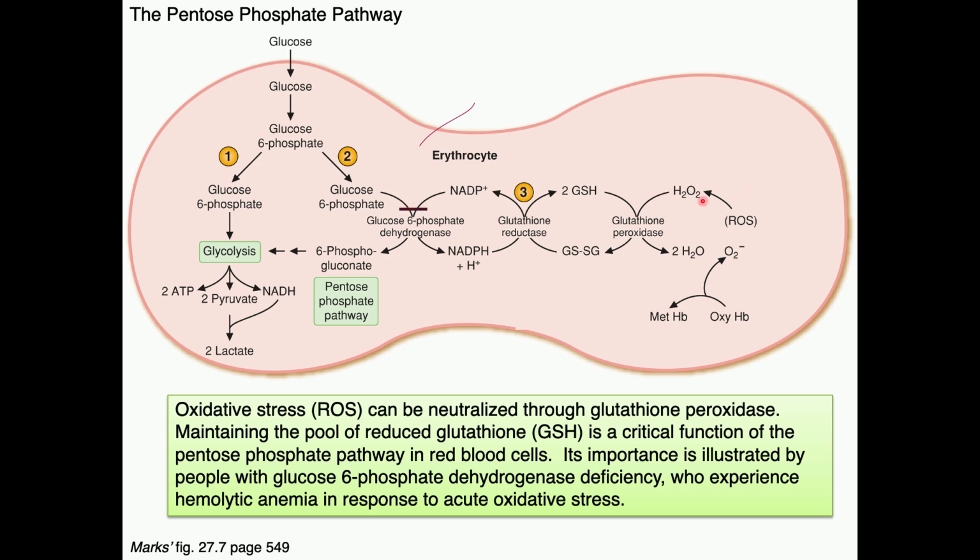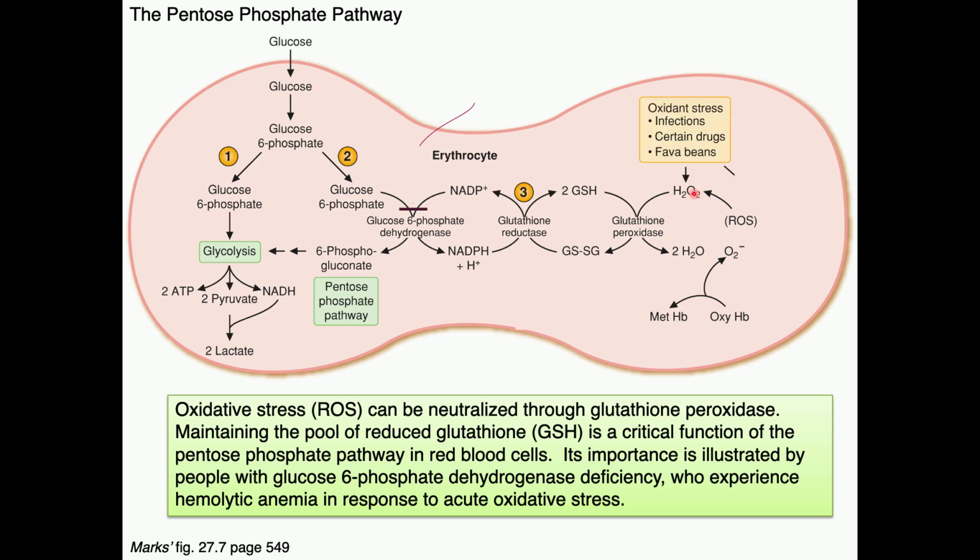This hydrogen peroxide can be generated from superoxide or other reactions. Because the red blood cell's job is to carry oxygen around, it's under a lot of oxidative stress. It's a high oxygen environment.